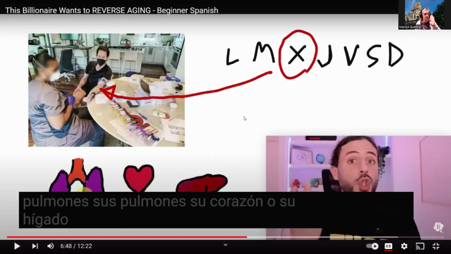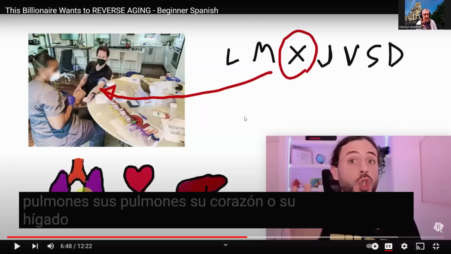His lungs, his heart, or his liver. So notice for later, when we talk about possessives in another lesson, all these words, sus, su, and su, in this context mean his, because we're talking about these organs being a part of his body, okay?